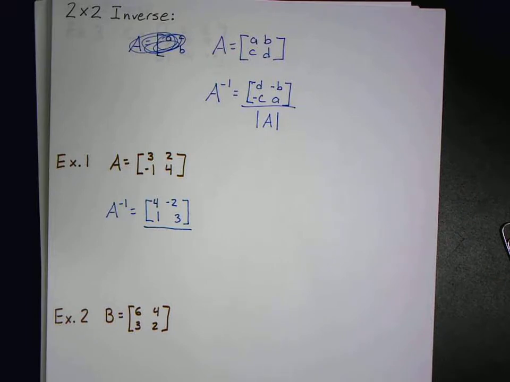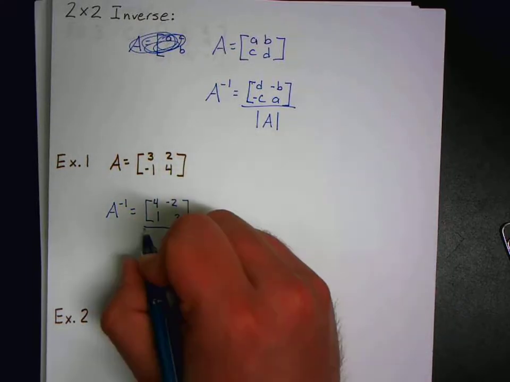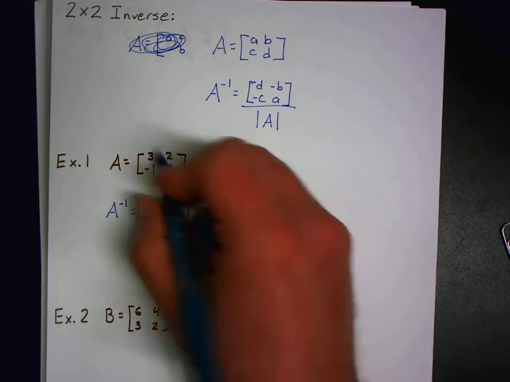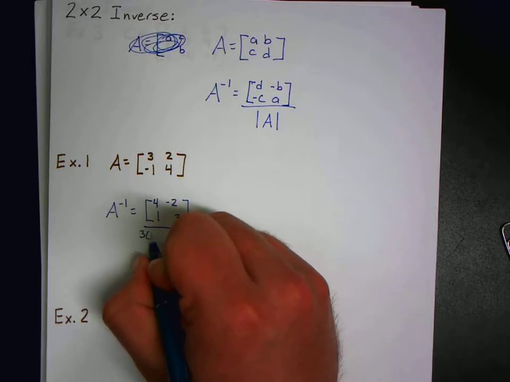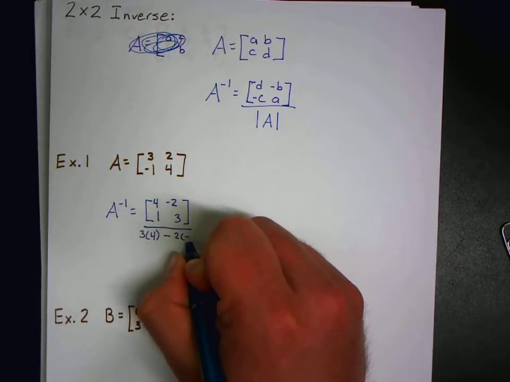And I take that entire matrix and I divide it by the determinant. Now remember, to find the determinant, that's where we cross multiply and subtract. So I take 3 times 4 minus 2 times negative 1.